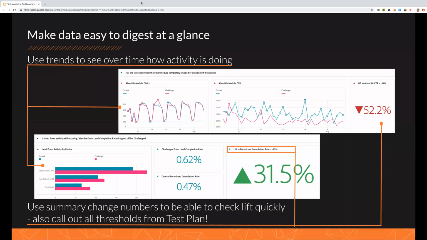And in those titles, we include exactly what our threshold was, so that if I see a big red 52 on my About Us module clicks, I look at the title and I can compare to, oh, my threshold was allowing us to go to negative 55%. So we're actually okay there. So those are really good ways to make that quick and easy for users to monitor in your dashboard.